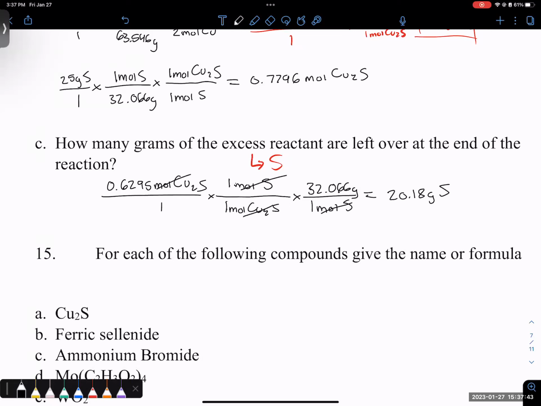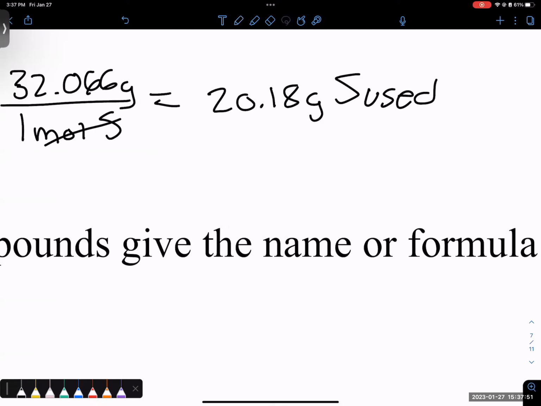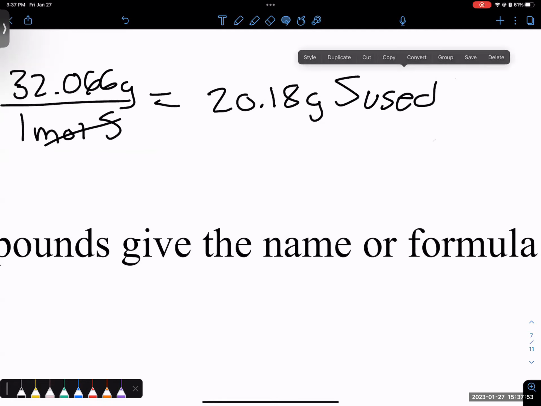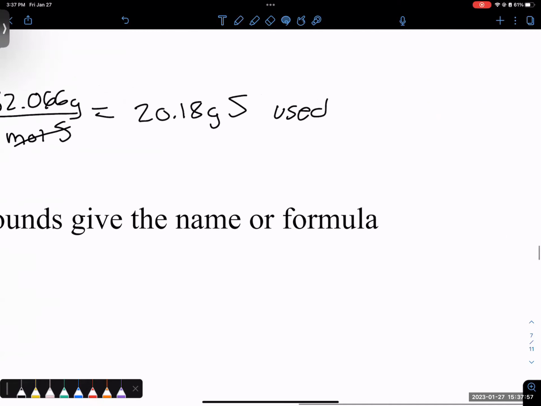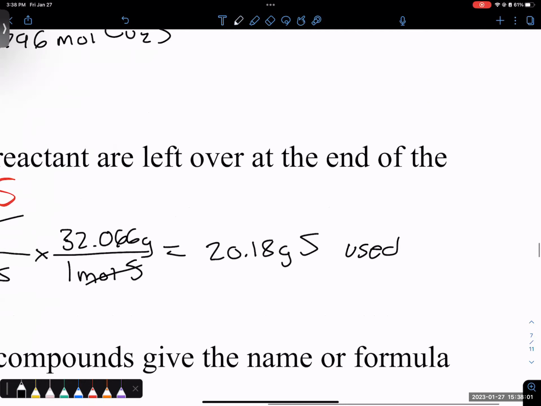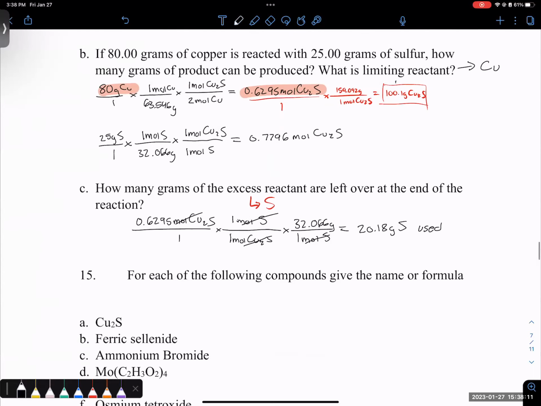So you can even write, like, this is what I wrote on the key: this is the amount of sulfur that was used. Next, going up here, we started off with how many grams of sulfur? 25.